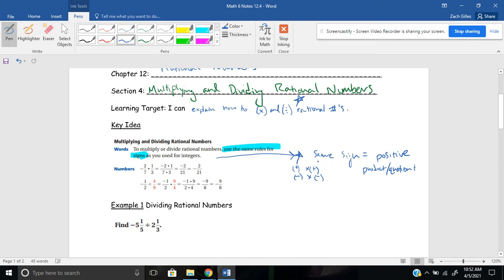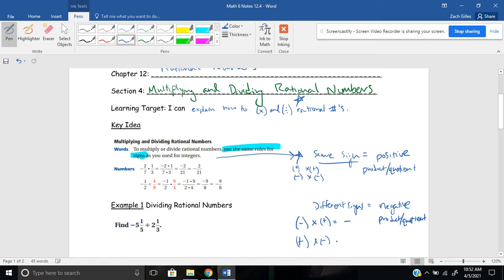Now, when you have different signs, you get a negative product or quotient. So for example, if we were to take a negative times a positive, we would result in a negative answer, or a positive times a negative.